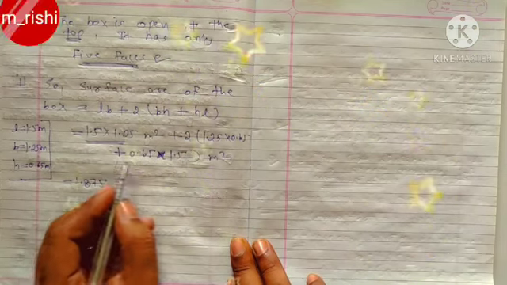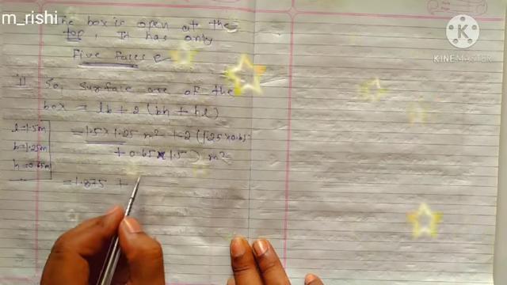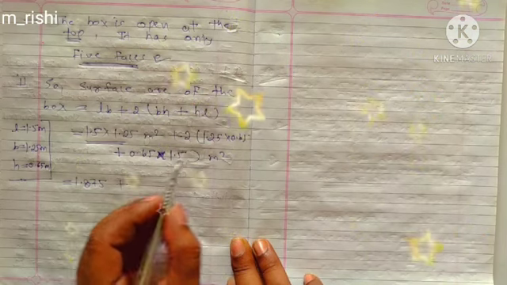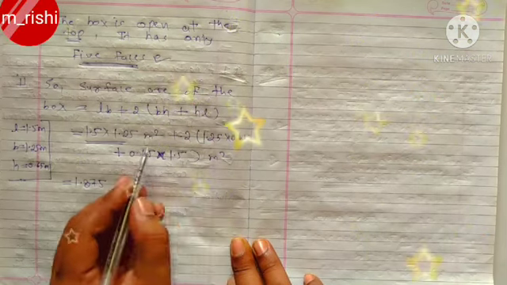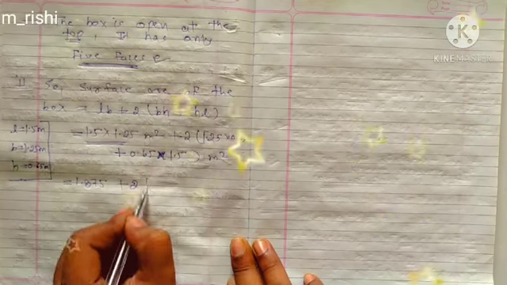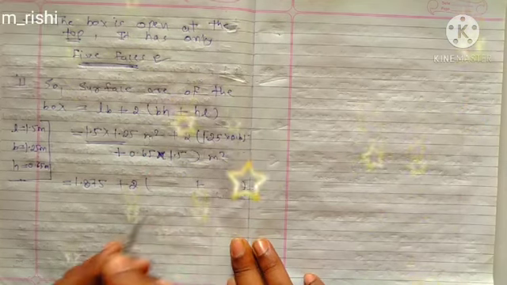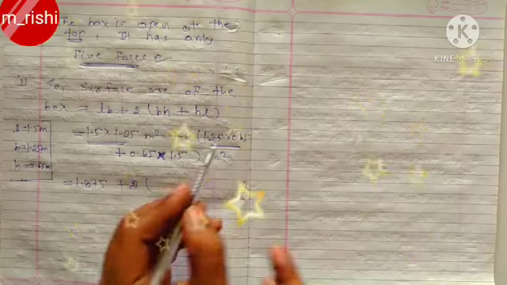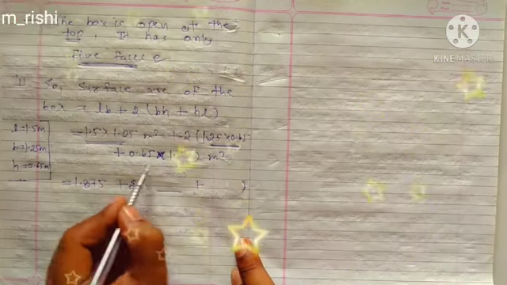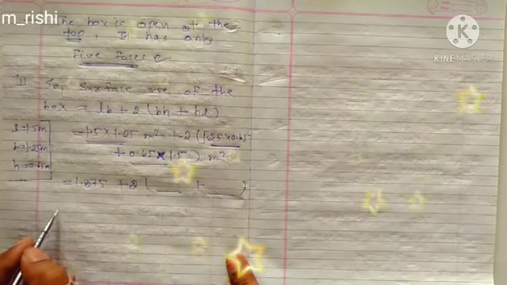So we get 1.875 plus this, and 2 times 1.25 multiplied by 0.65. You can solve it easily, you can do only multiplication.